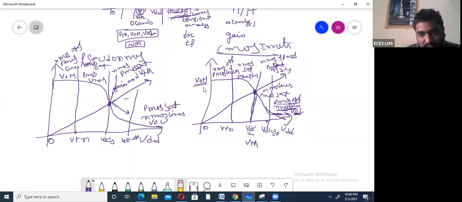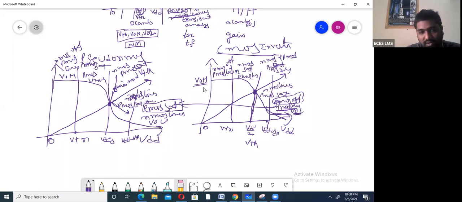Here NMOS linear, PMOS saturation. So one difference is that here PMOS is not switched off, whereas in CMOS it is switched off. This is the difference. Remaining all the same region of operation.